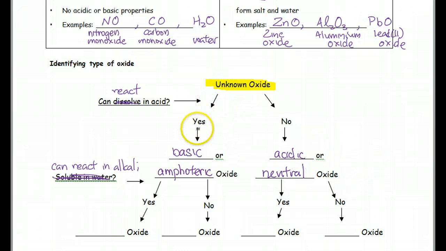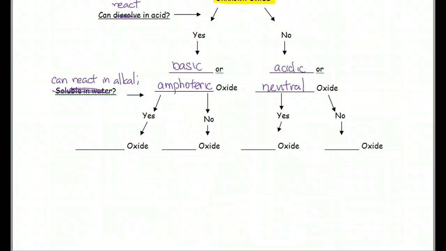So let's say if it does react with acid, we can do one more test. We throw it with alkali. If it reacts with alkali, we know we have an amphoteric oxide because amphoteric reacts with both alkali and acid. Whereas for basic oxide, it only reacts with acid but not the alkali. So it's a yes for acid, no for alkali.